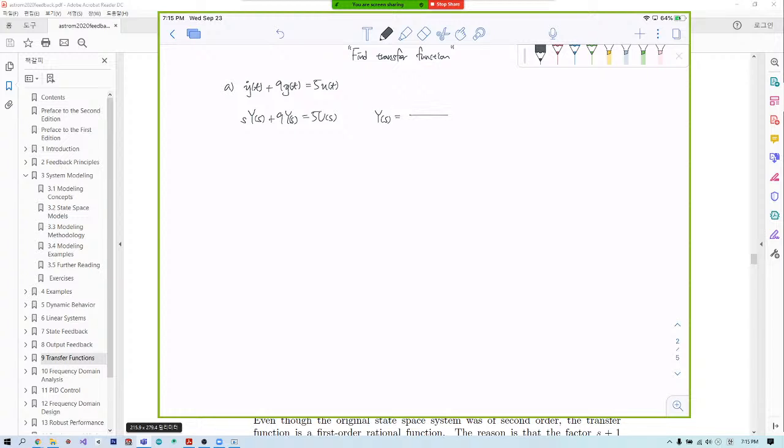I'm just going to divide both sides by s plus 9 because it's kind of obvious.